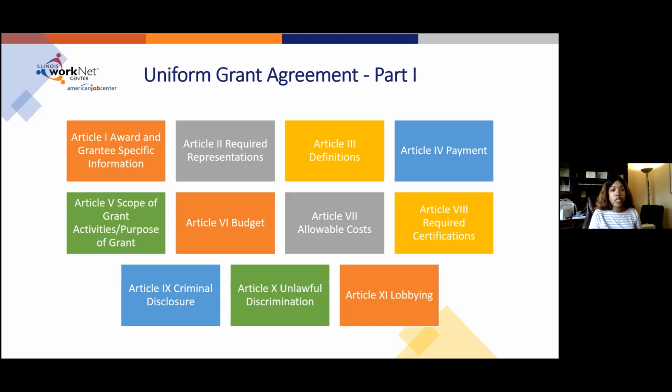When you see your grant agreement, you will see several requirements and articles throughout that agreement, so please take the time to read all of those. Some of those articles will be required representations, definitions, payment, required certification, allowable cost, of course your budget, the stance on lobbying, things of that nature.